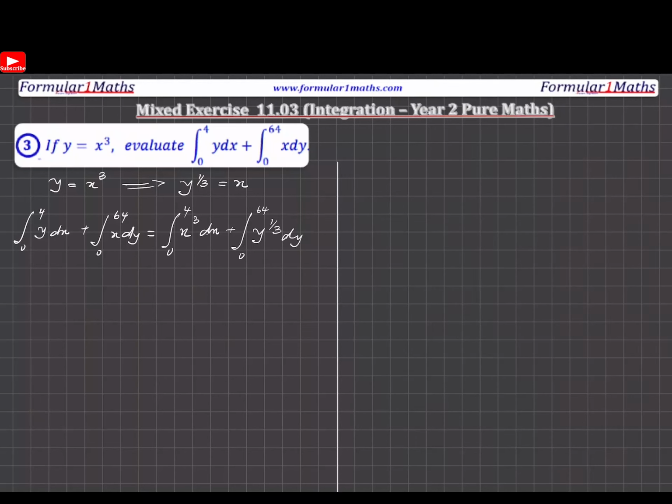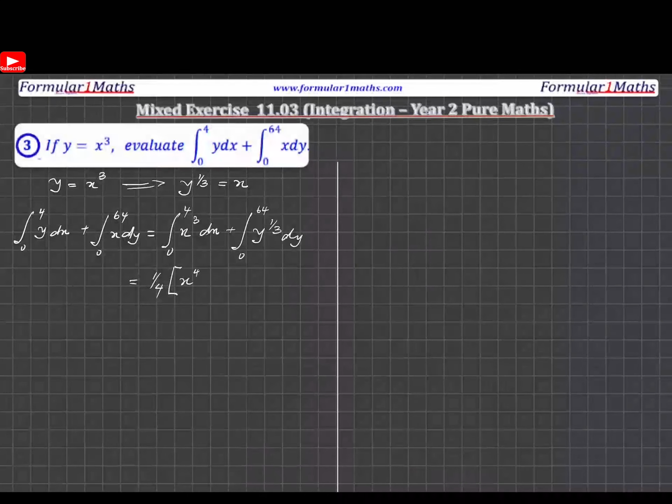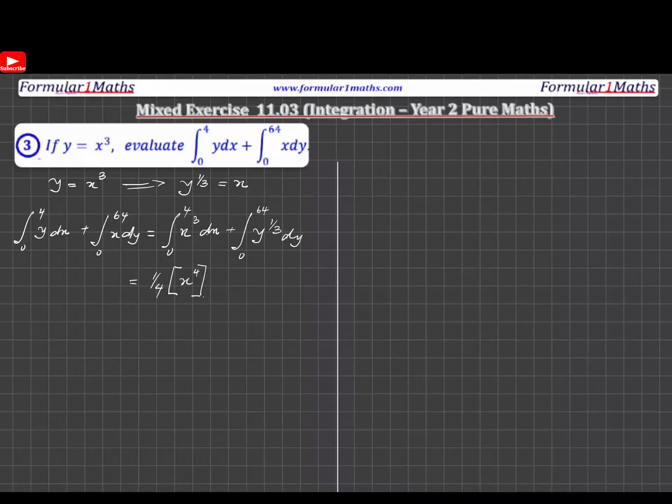We can now do our integration. If I integrate x to the power 3, I'm going to get 1/4 x to the power 4, and I put my limits in, plus. Then if I integrate y to the power 1/3 with respect to y, I'm going to get 3/4 y to the power 4/3, with my limits of 0 and 64.